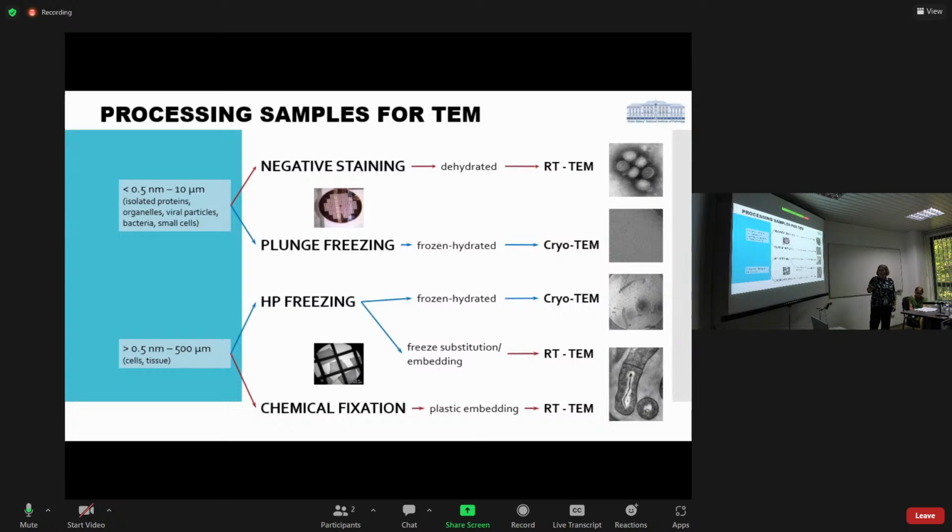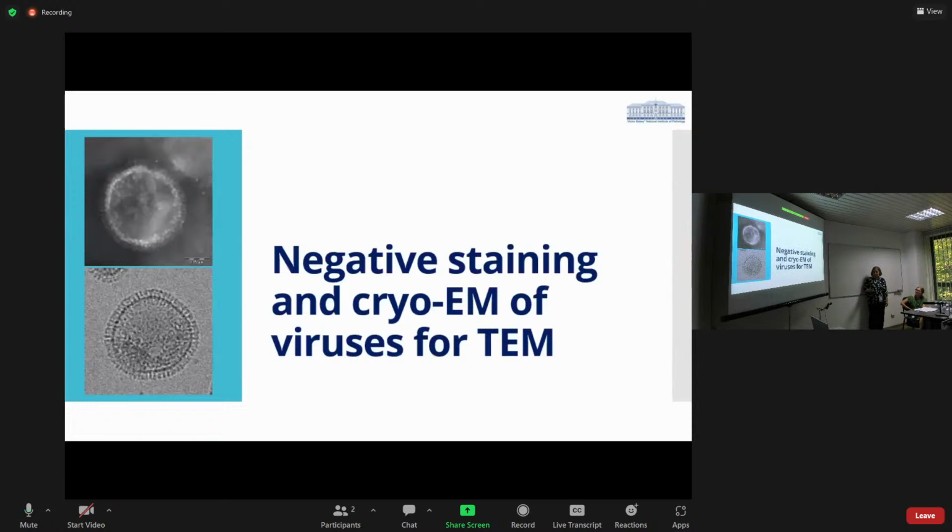And new techniques which involve specific equipment and a specific technique to obtain the vitreous ice and to embed the particles inside.